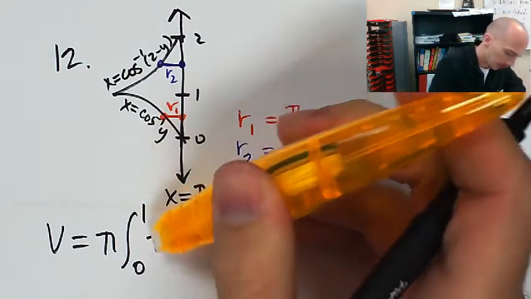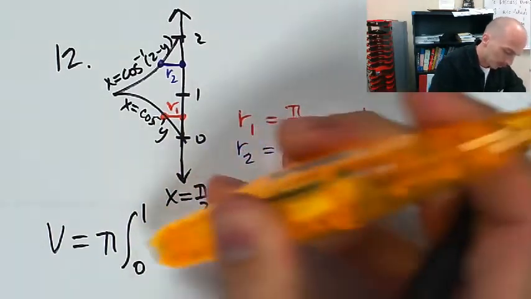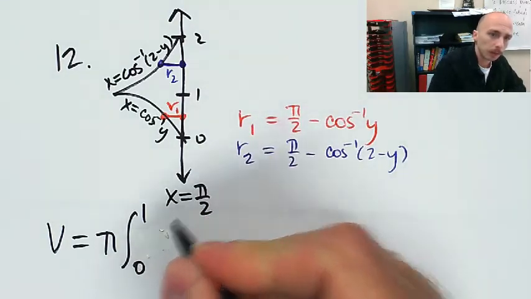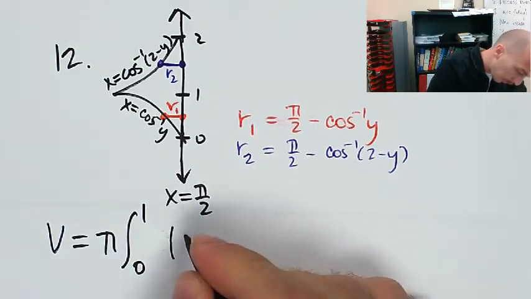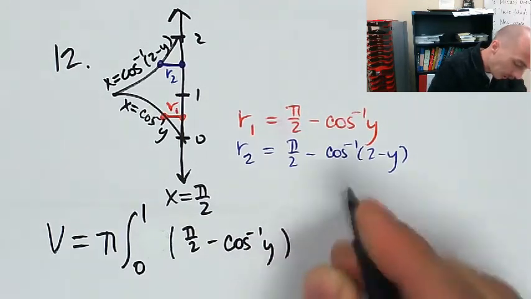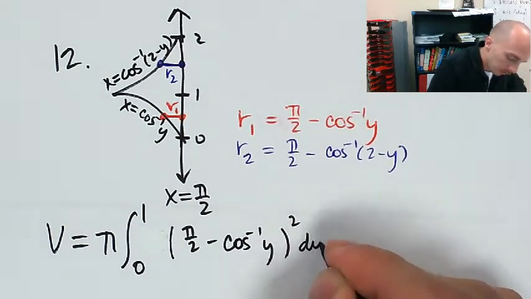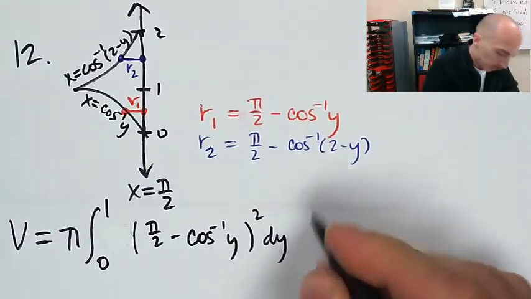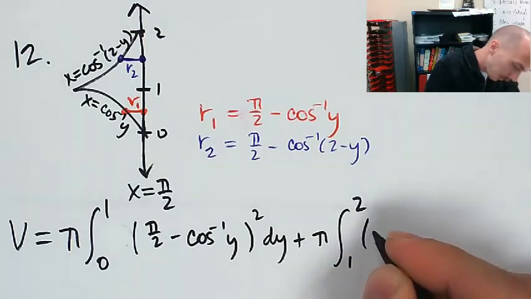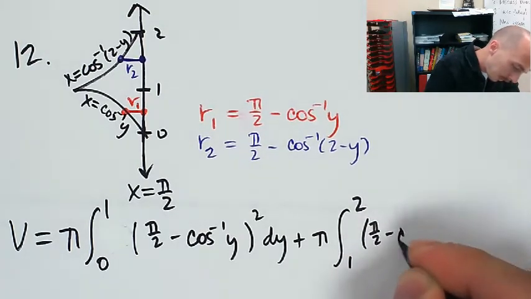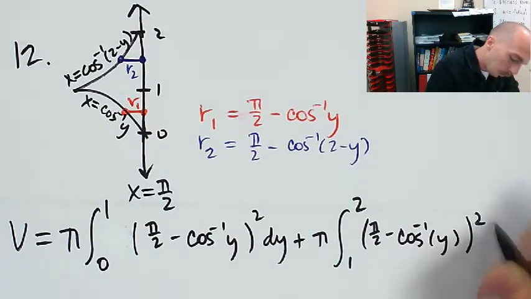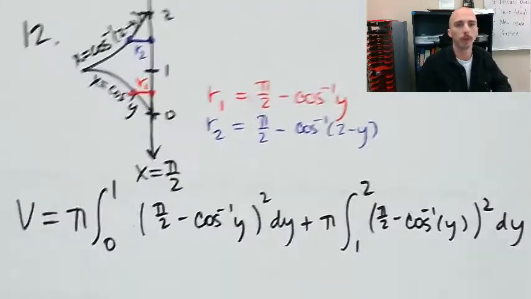Wait, no, I already did the pi. Let's get that out of there. Pi times r1 squared, so pi over 2 minus inverse cosine y squared dy, plus pi times the integral from 1 to 2 of pi over 2 minus inverse cosine of y squared dy. Just barely enough room to write that.